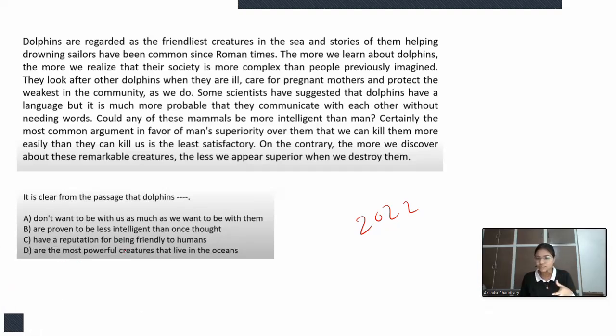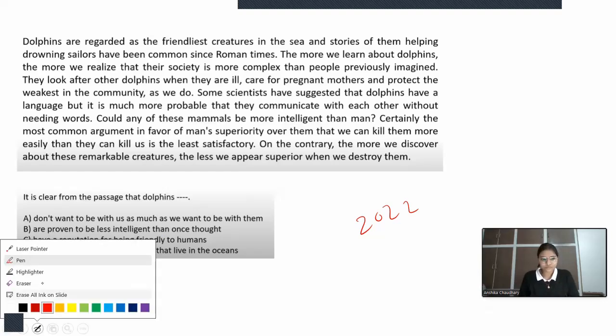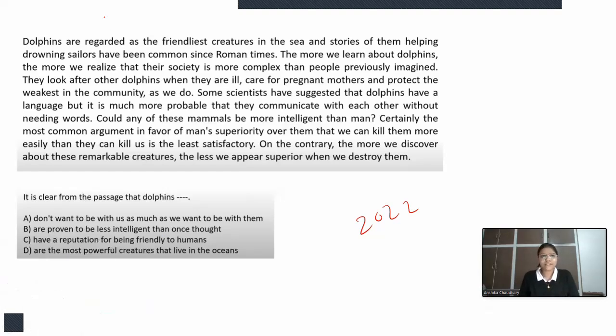Once you are done, make sure to check all your questions, mark them, and let me know in the comment section how many questions you did correctly, right? So let's solve this reading comprehension. As this is a short paragraph, we can read it easily, right?